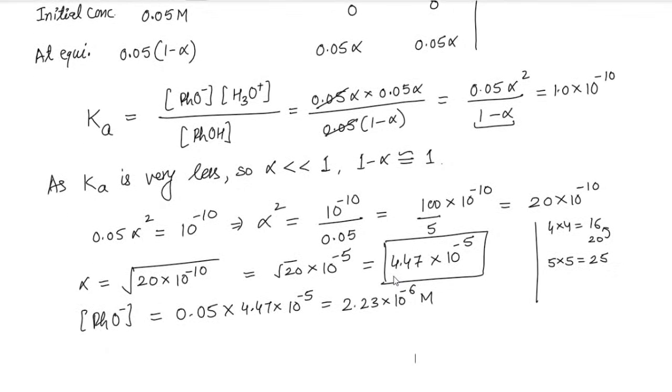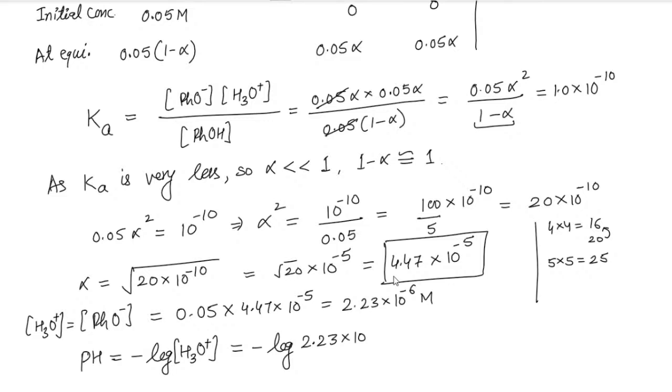And pH of the solution: the concentration of phenoxide ion is the same as that of H3O plus ion concentration. And what is pH? pH is equal to minus log of H3O plus, that is minus log of 2.23 into 10 raised to power minus 6.